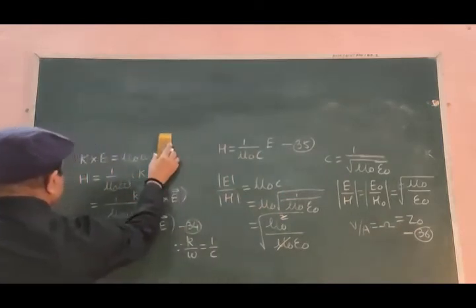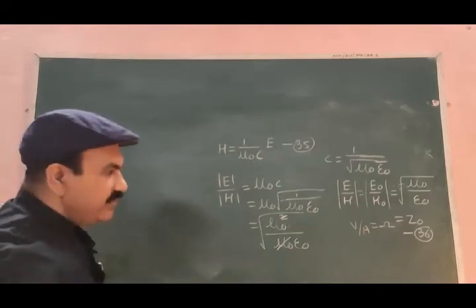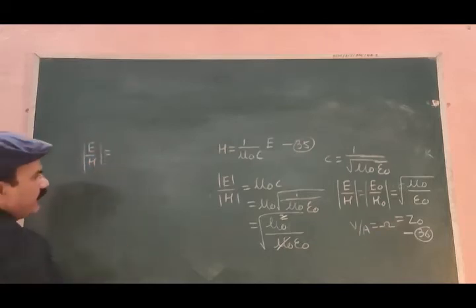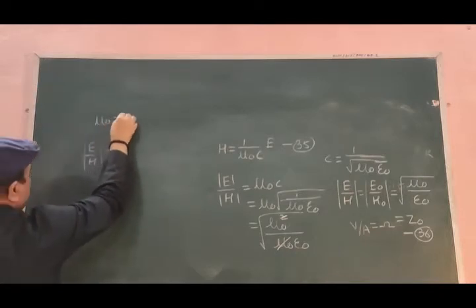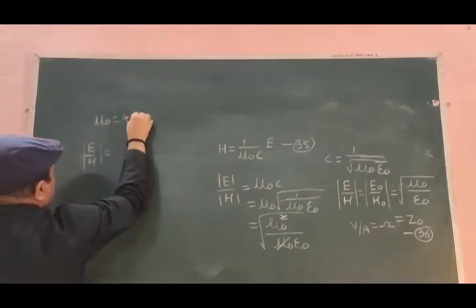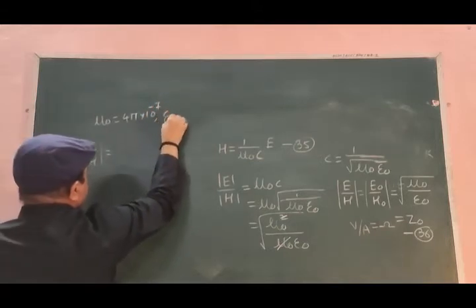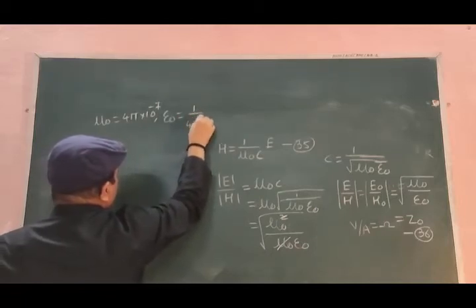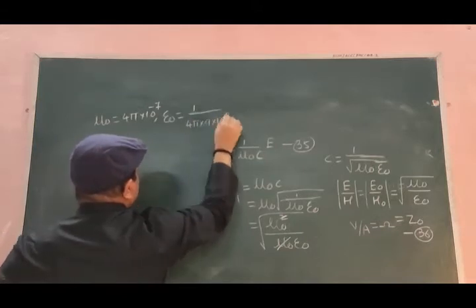Let us try to find the value of this E by H, or Z0. What is mu 0? 4 pi into 10 to the power minus 7. What is epsilon 0? It is 1 divided by 4 pi into 9 into 10 to the power 9.